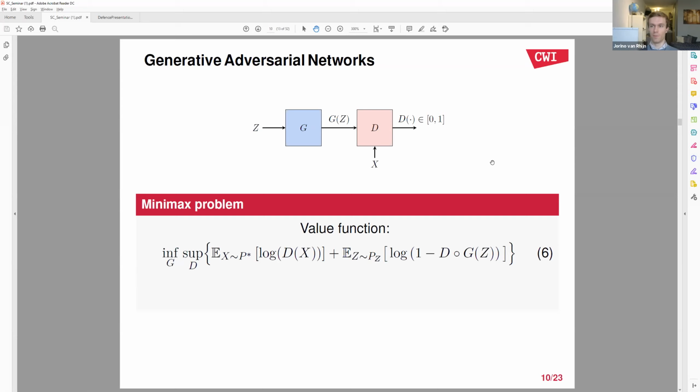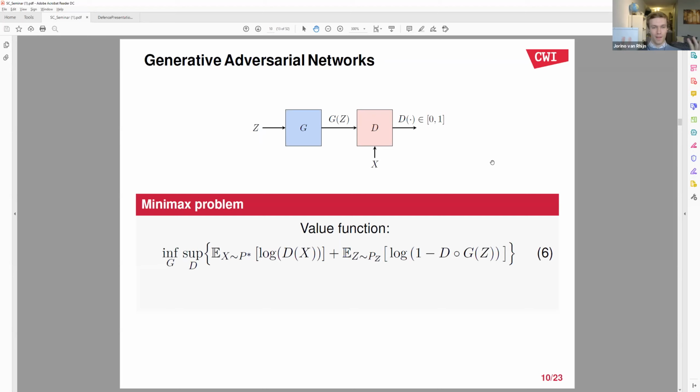That is also in line with what I just told you about the algorithm. And at the same time, the generator is trying to minimize the second expression. So it's trying to maximize the discriminator's score on a generated sample. It's trying to maximize D on G. So it's trying to fool the discriminator.